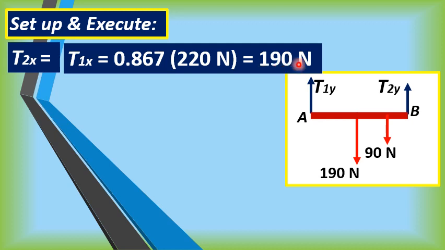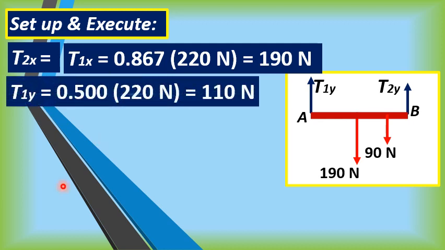So this is also the x component of T2. Then the y component of T1, which is equal to sine 30 degrees multiplied by T1, or 0.500 times 220 newtons, we get 110 newtons.